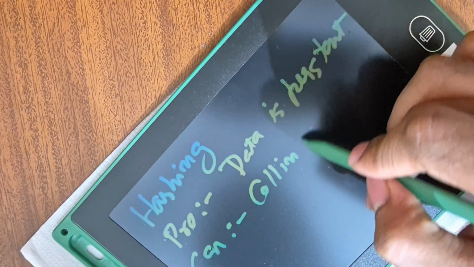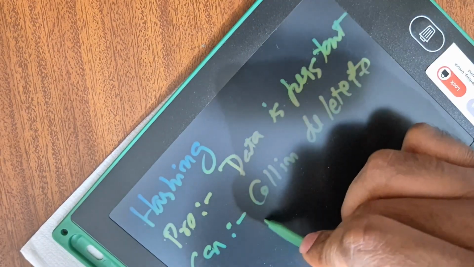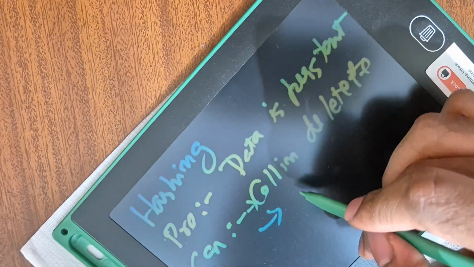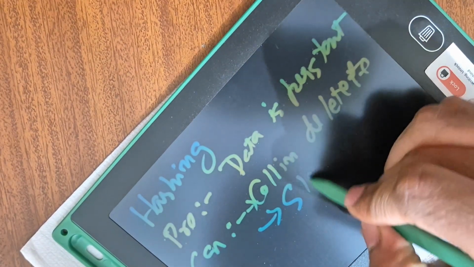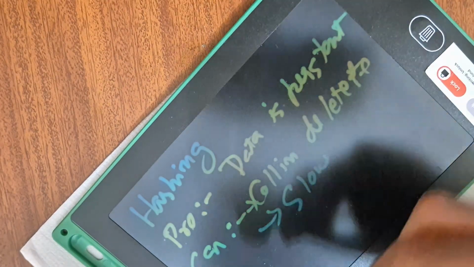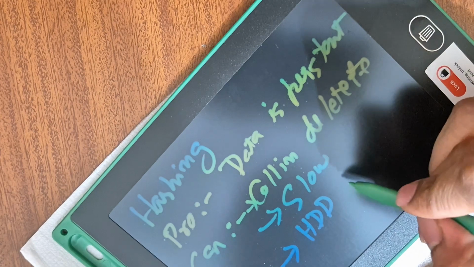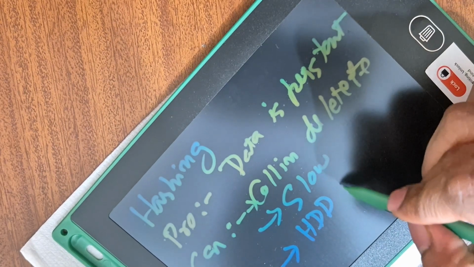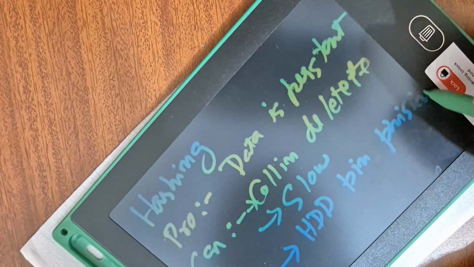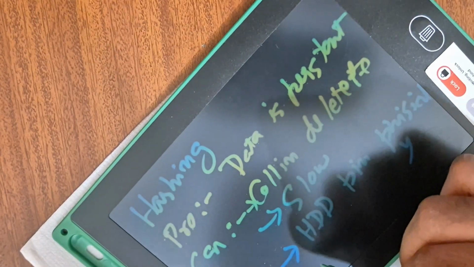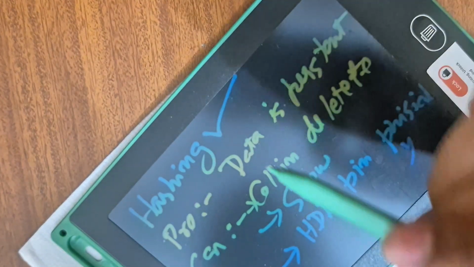Collision can delete your data, or it can go 1 plus 1 plus 1, which is slow, so O of n time complexity. And the second thing is that the hard disk pin needs to physically jump, due to which it is slow. So the hashing function is also slow.